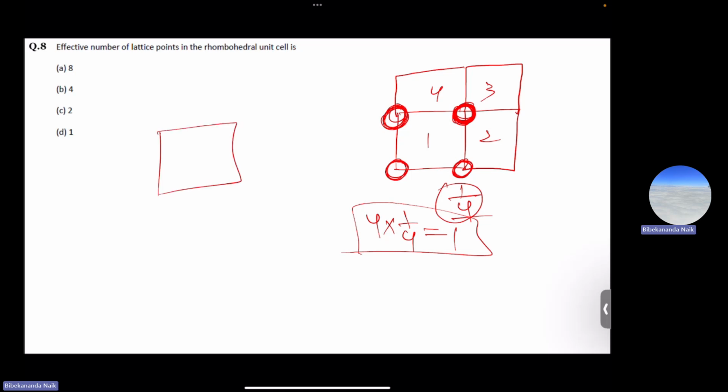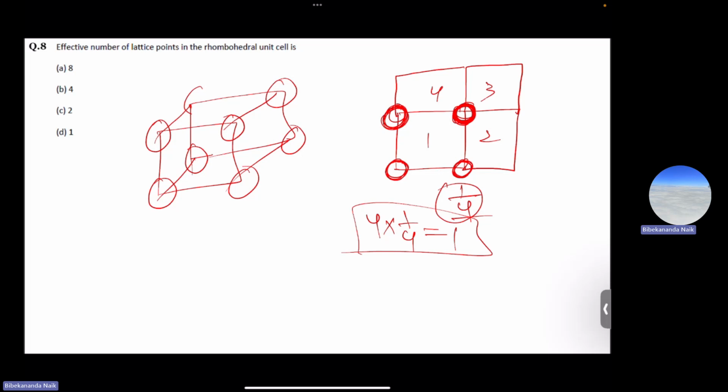Now if you talk about three dimensions, one atom here, one here, one here, here. There are 8 atoms and each atom contributes 1 by 8. It will be 8 into 1 by 8, which will be again 1.